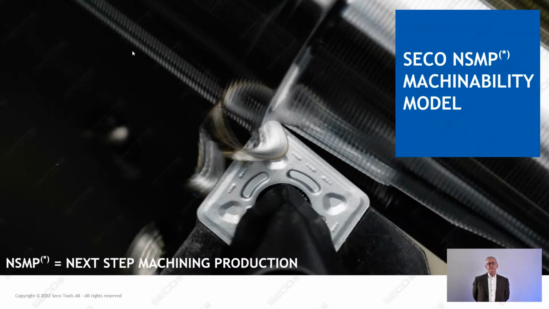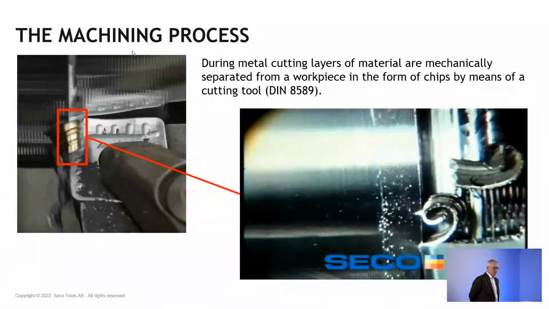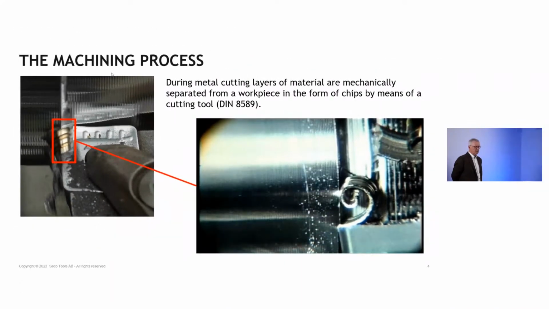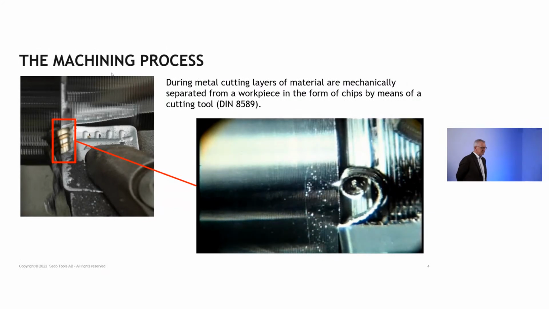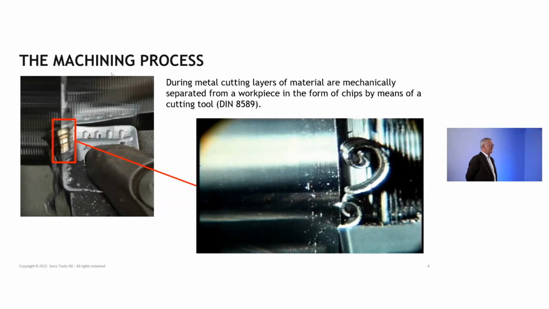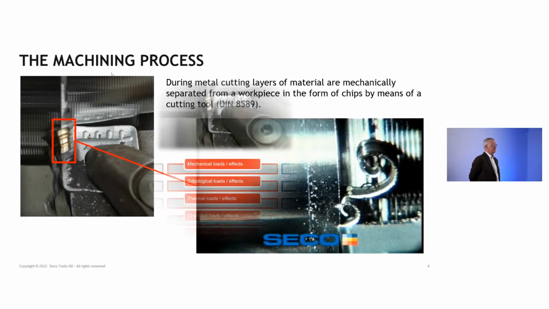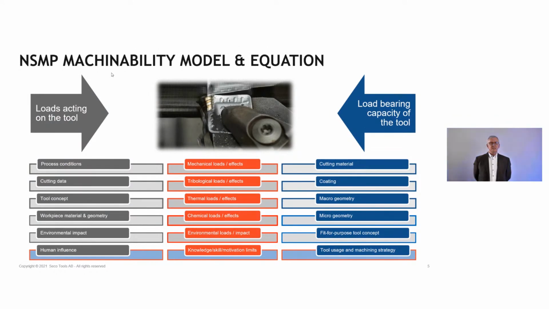Before we jump into tool selection, I want to give you the broader picture. As always, we talk about machining processes, which are physical processes we use to produce workpieces, and having insight in what is taking place here, understanding these processes, is kind of like an equation. We refer to it as the machinability equation.